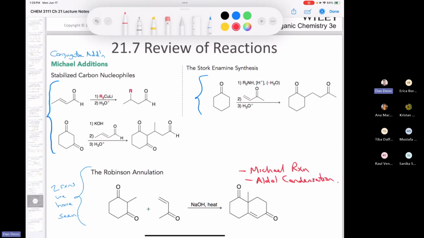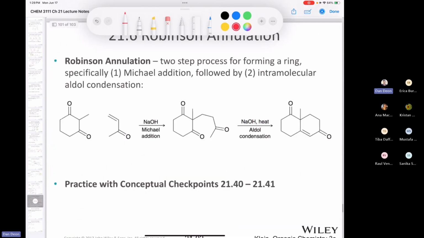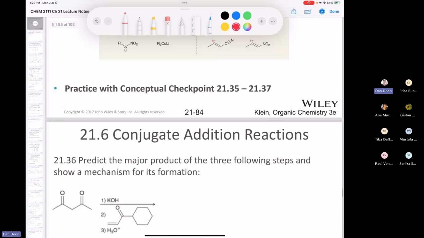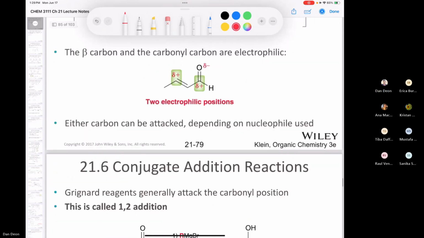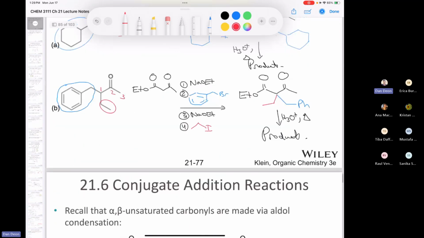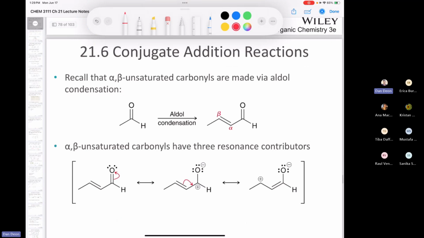All right, so let's go back and let's get into what we call the Michael addition or the conjugate addition reaction. So let me find it. Where was it? It was over here somewhere. And you're going to have to kind of be on your toes a little bit through the conjugate addition reactions, but it's pretty cool chemistry in terms of making new molecules that you might not have thought about before.